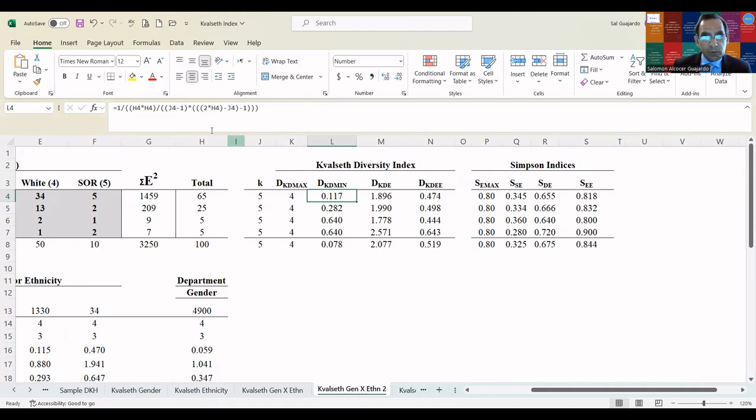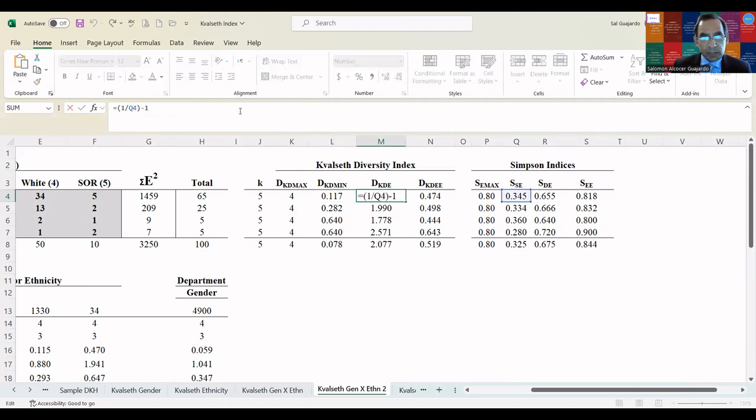Again, here's the formula for obtaining the Kvalseth minimum value. Again, to obtain the Kvalseth homogeneity score, it's going to be 1 divided by the Simpson concentration score minus 1. So that's 1 divided by 0.345. That gives me a value of 1.896.